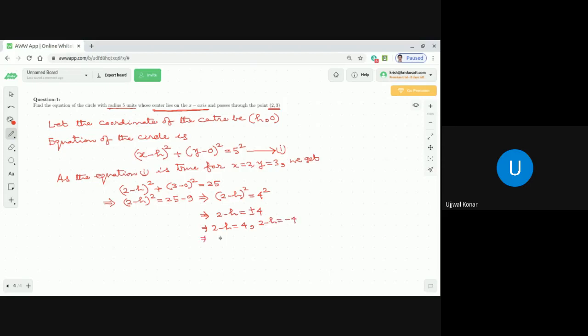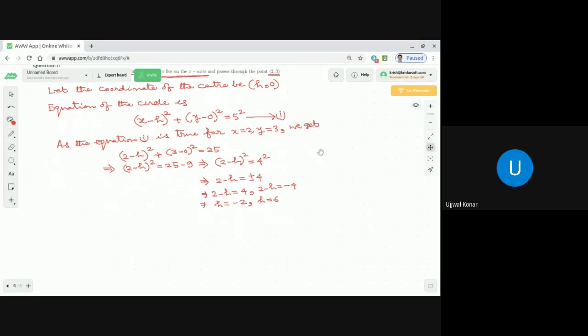If we consider 2 minus h is equal to 4, h becomes minus 2. And if 2 minus h is equal to minus 4, h becomes 6. So what we get, dear students? We get two different values of h.